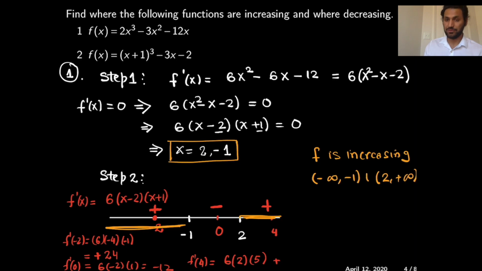Therefore I put that union sign. That means I combine these two intervals, and f is decreasing on the interval from -1 to 2.